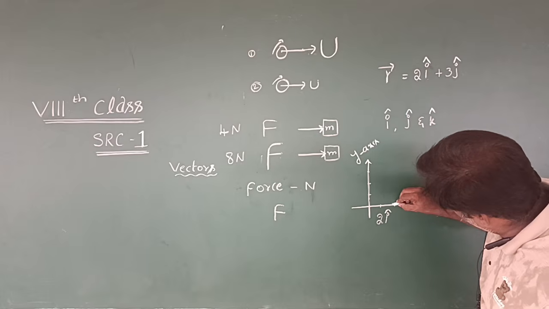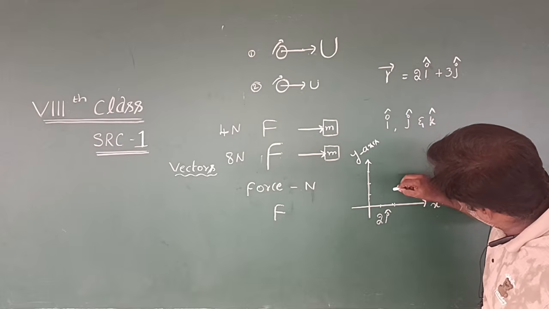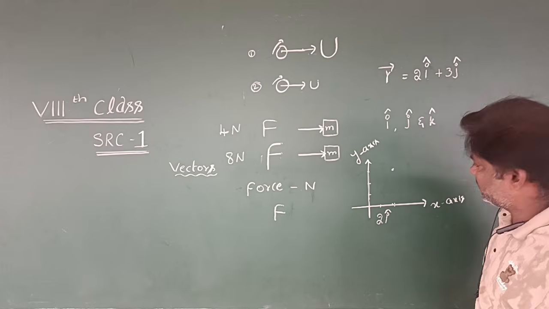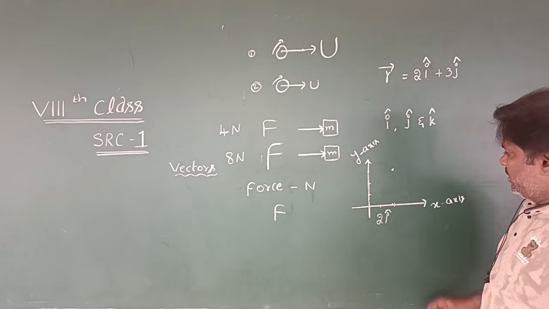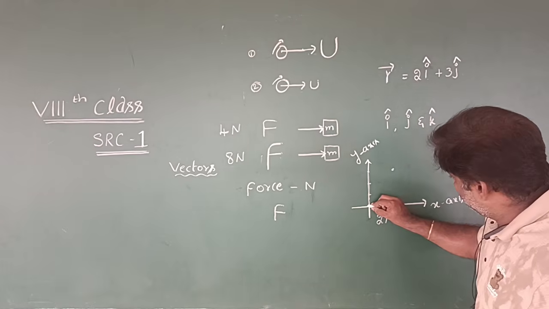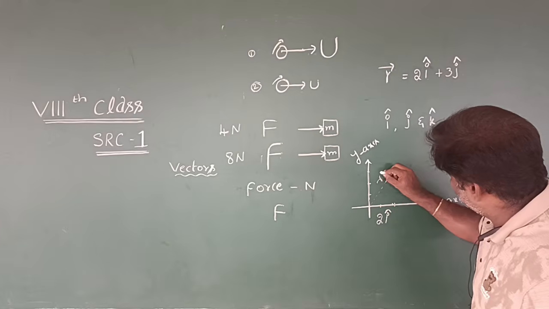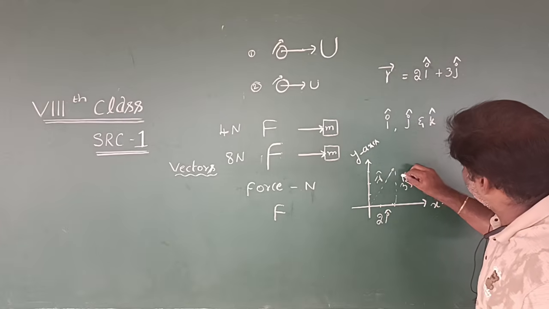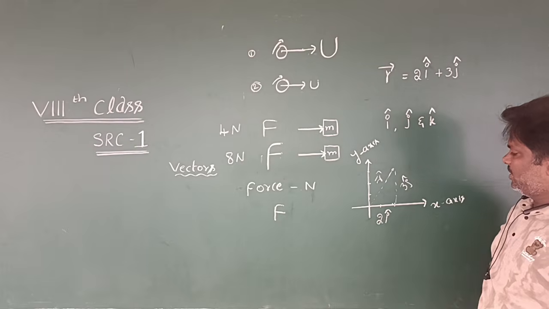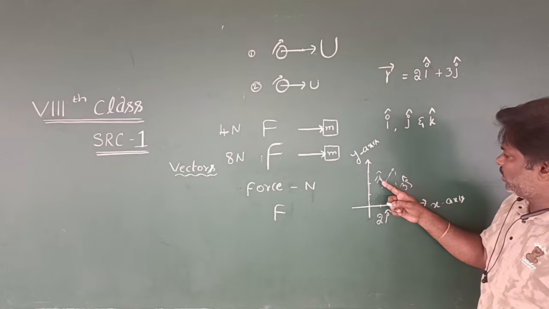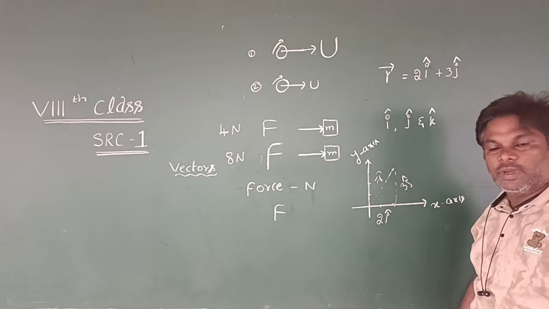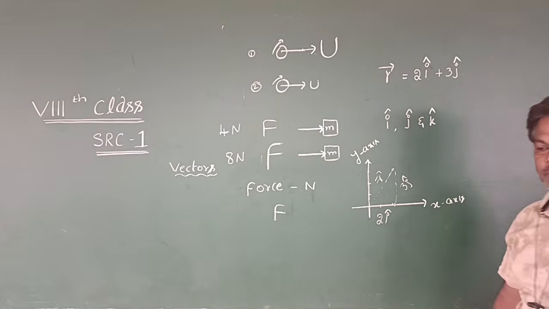So after coming here, just go through this straight line and you can reach this one. Finally, this is your given vector r bar, and here it is 3 j cap. So this is how we locate this r bar on the x-y plane.